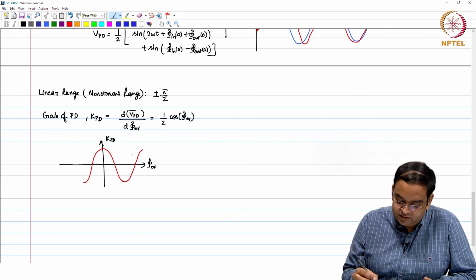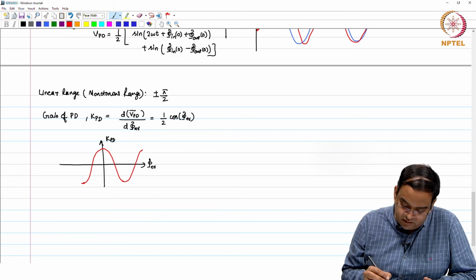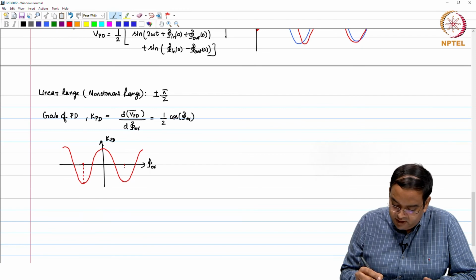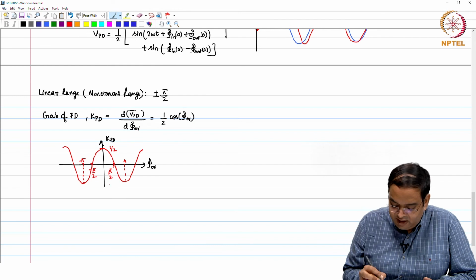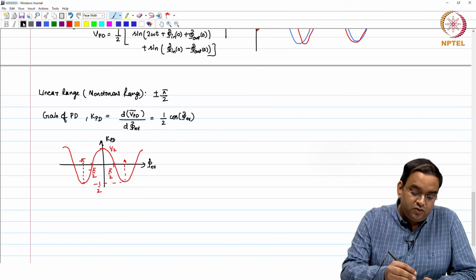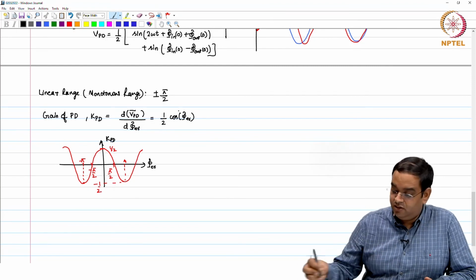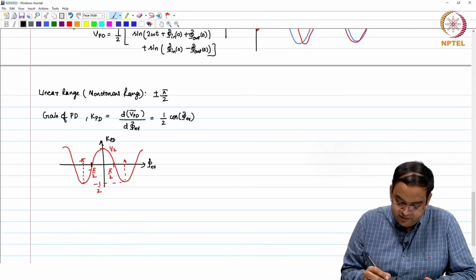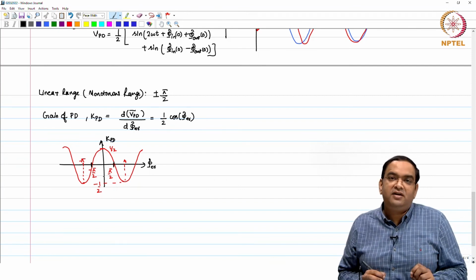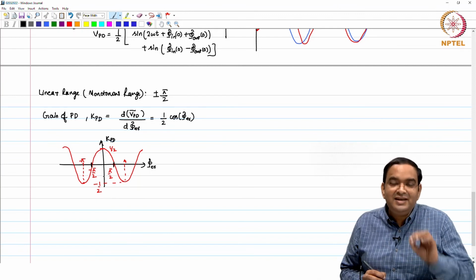We know that this is the sine wave. So, this is minus pi to pi, this is minus pi by 2 and this is pi by 2. This gain is half here and minus half here. So, within the linear range, which is your minus pi by 2 to pi by 2, what you see is the gain of the phase error detector is not linear.